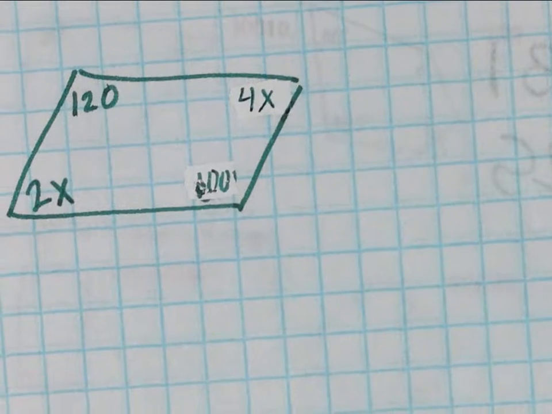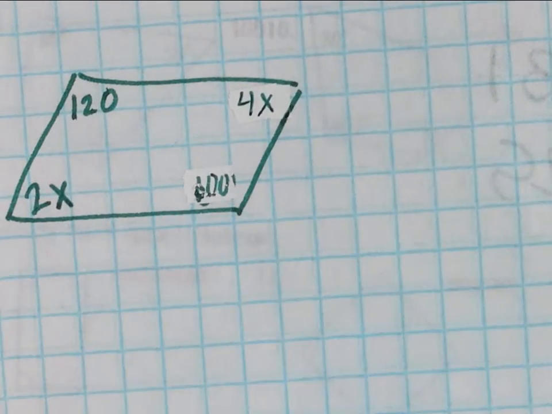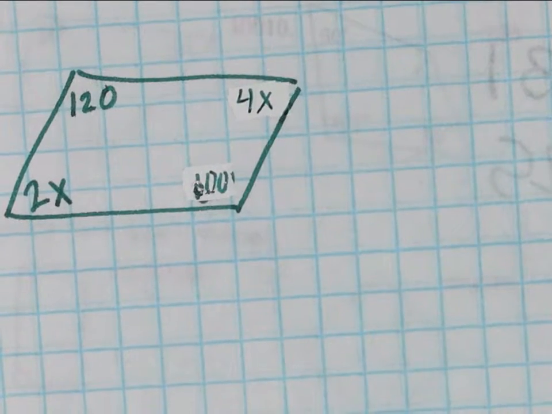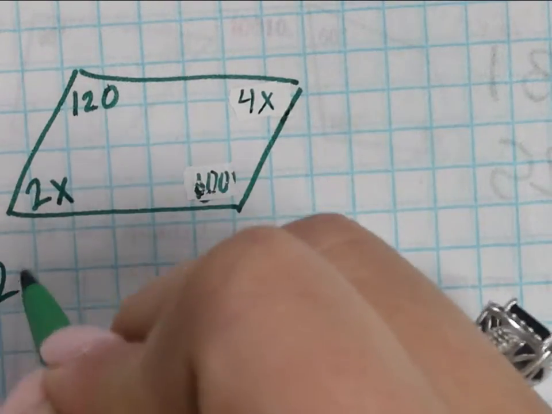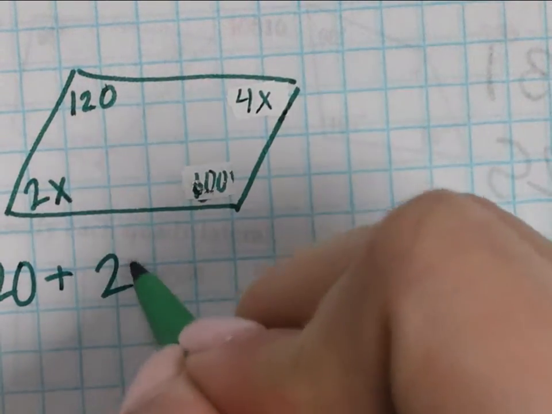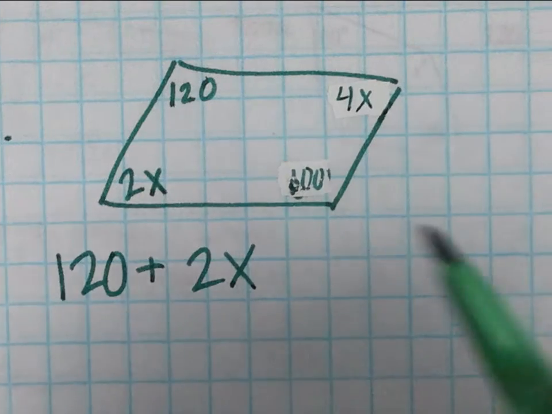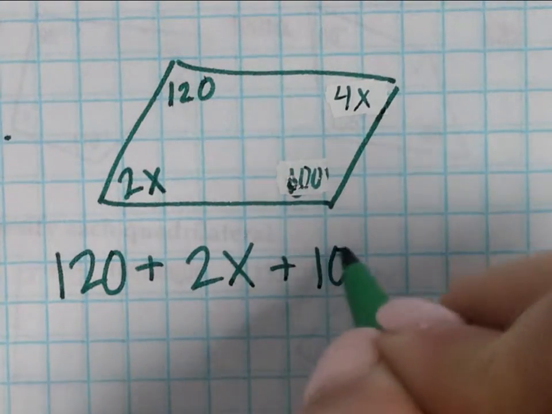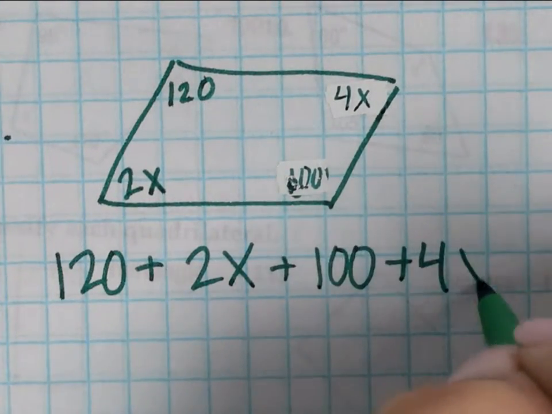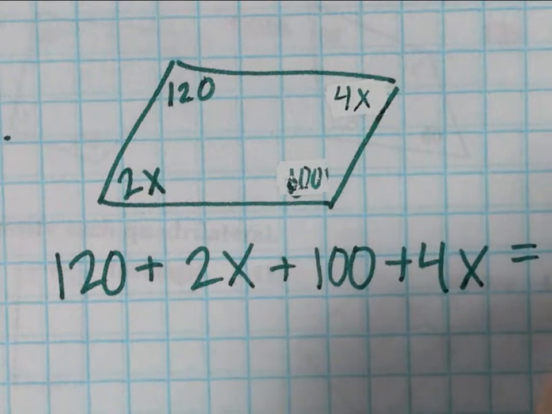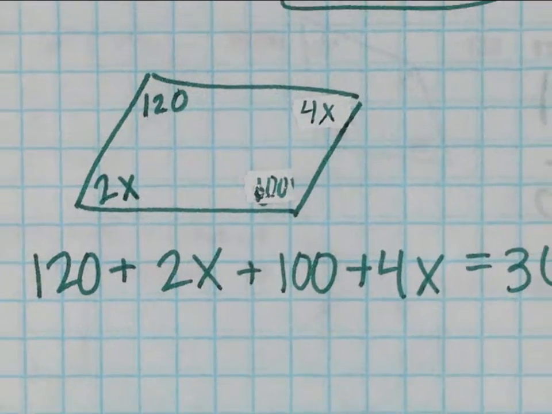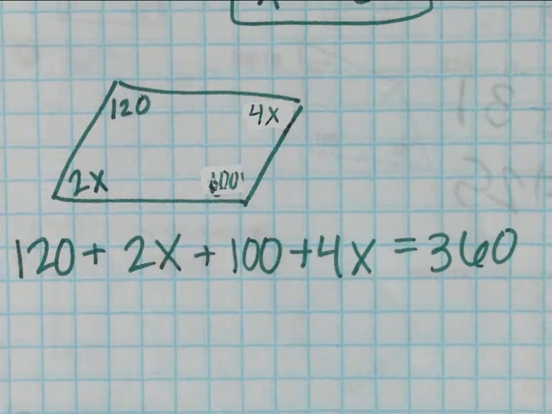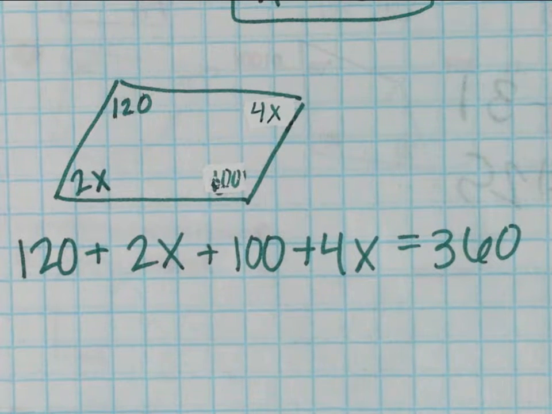But I still know that all four angles have to add up to what? 360. So let's say we've got 120 plus 2x plus 100 plus 4x, all equals 360. That's what we have to do. We got to combine like terms, okay?